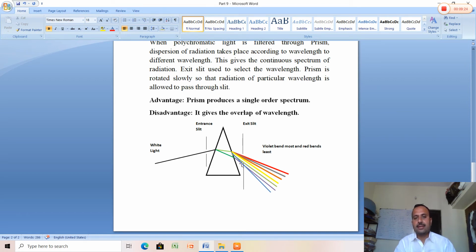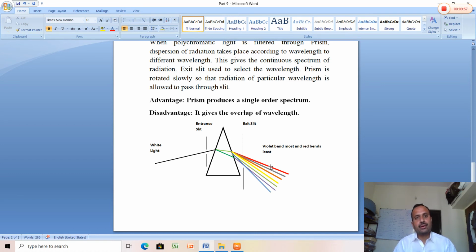This is the violet color, which bends the most. Bending of violet color takes place to a large extent, while bending of red color takes place to the least extent. So that is the main difference between violet and red color.